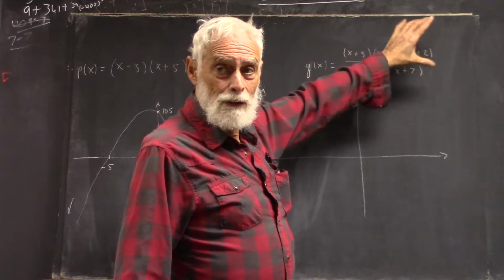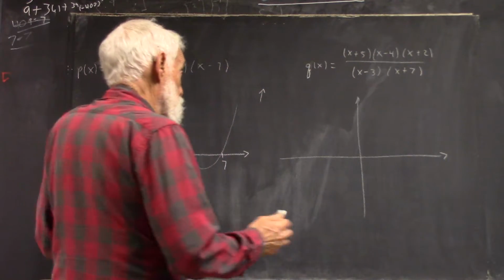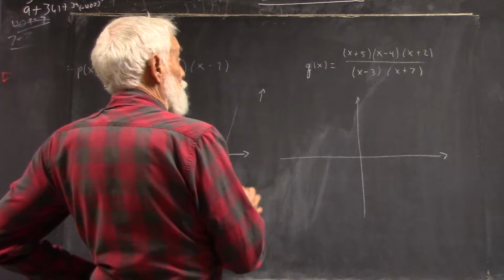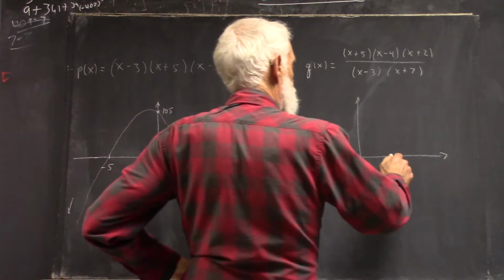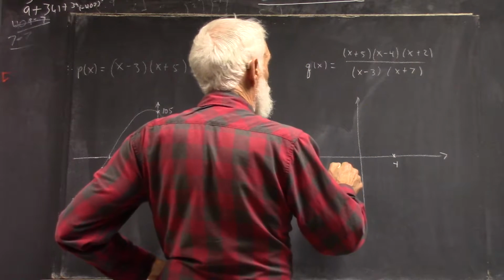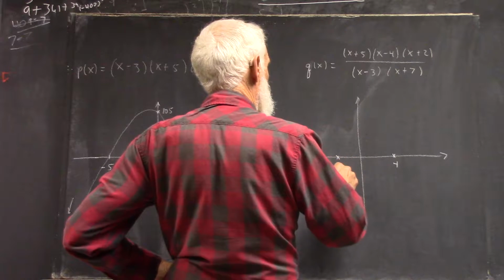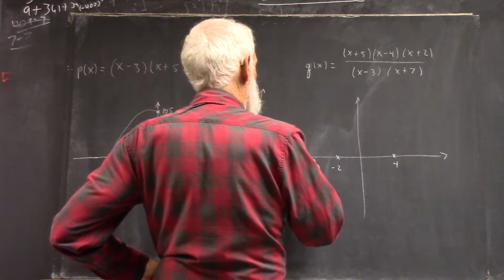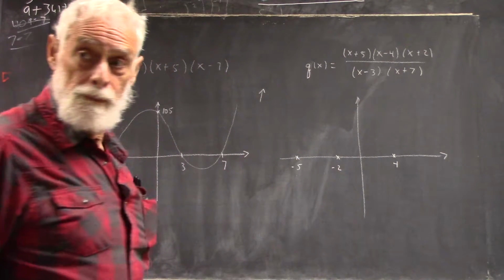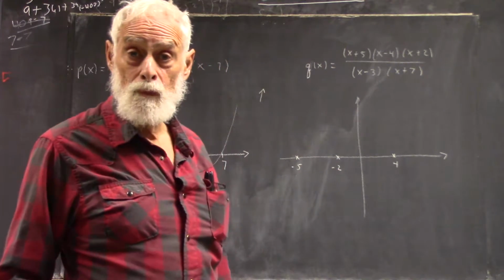And we're not talking about that case. We're talking about that case when we do the whole thing. Okay? But what we can say is that at x equals 4 and at x equals -2 and x equals -5, the graph has to go through the x-axis, right? Okay?